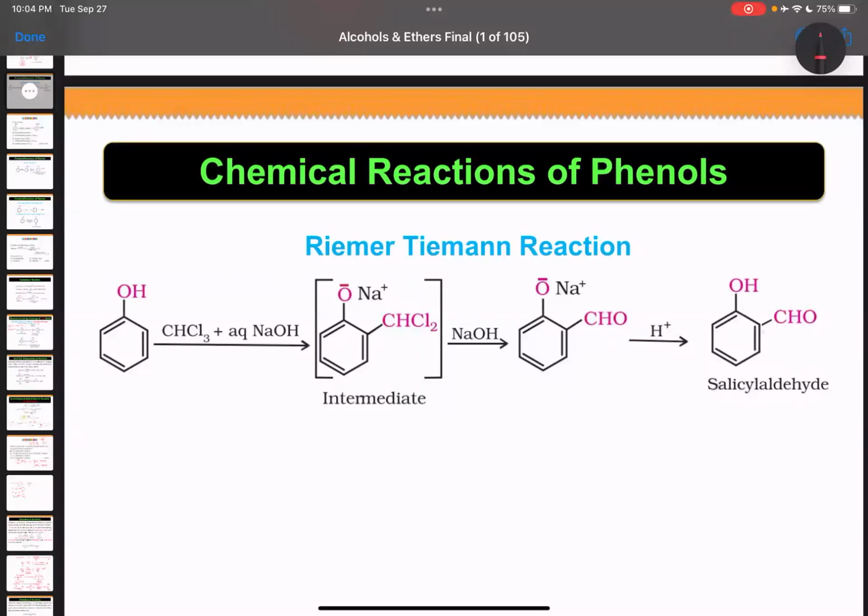When this is hydrolyzed in the presence of an alkali, it will give salicylaldehyde. Correct. So what is the intermediate formed? What does phenol form in basic medium, and what do the chloroform and base form?